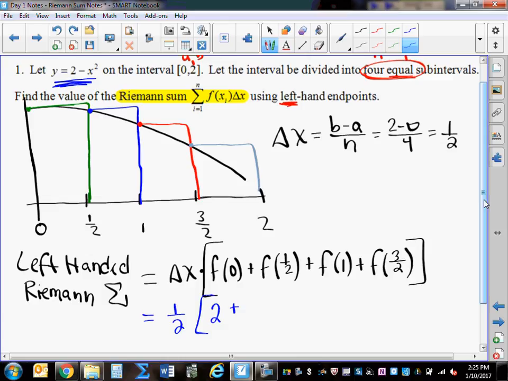Now f of 1/2, we're probably getting some fractions. I'd say let's go ahead and leave that alone. So that'd be 2 minus 1/2 squared. That's my f of 1/2 value. Okay, now f of 1. 2 minus 1 squared. And 3/2. 2 minus 3/2 squared.